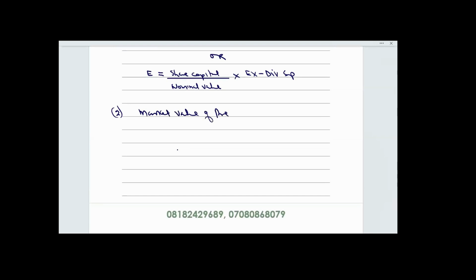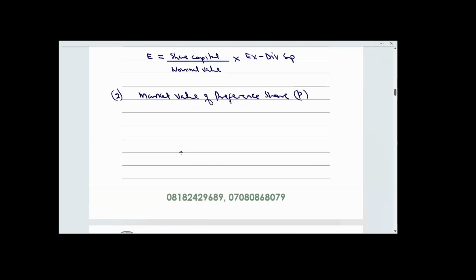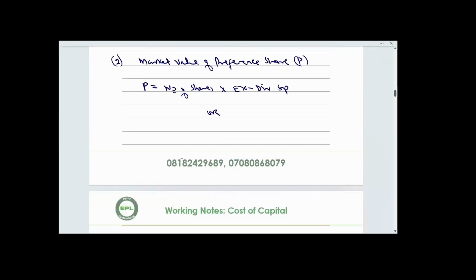Market value of preference share, denoted as P, equals number of shares, here referring to preference shares, multiplied by xdiv share price. Again, in case you don't have number of shares, you can also use share capital to get number of shares.